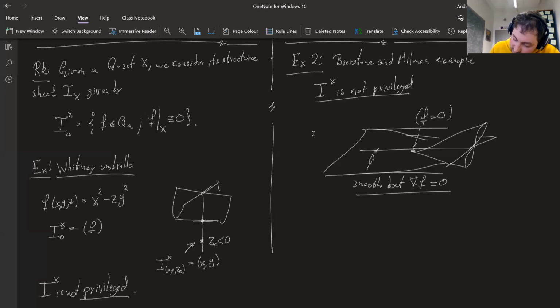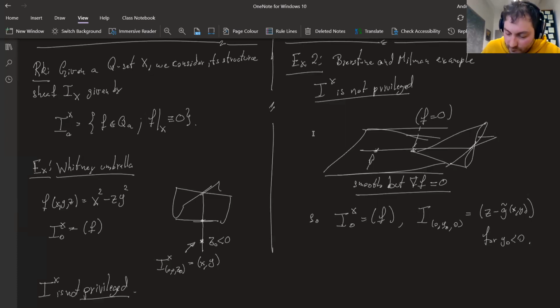So I of X at 0 was generated by f, which was irreducible. But if we took the point 0, y0, 0 with y0 negative, this was given by the functions of x, y, which are not the same functions. So it's not privileged either. And this is going to play a role a little bit later, once again.